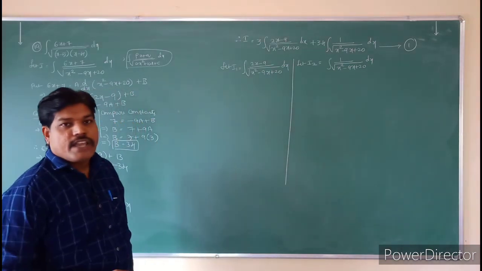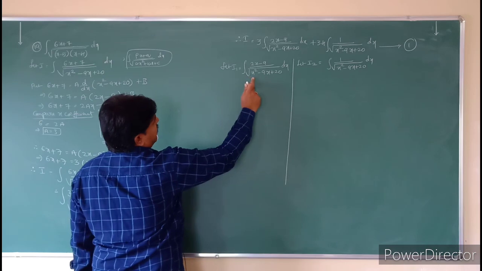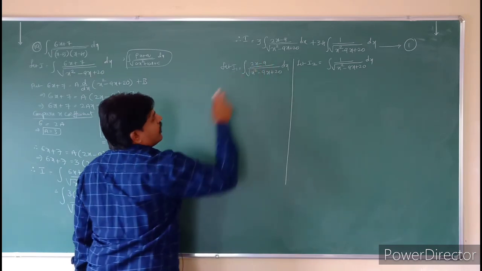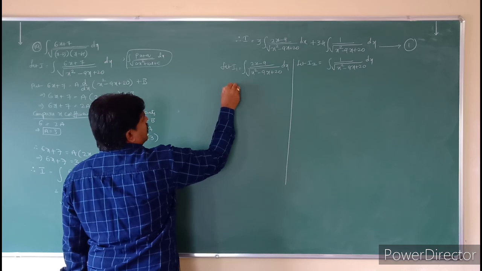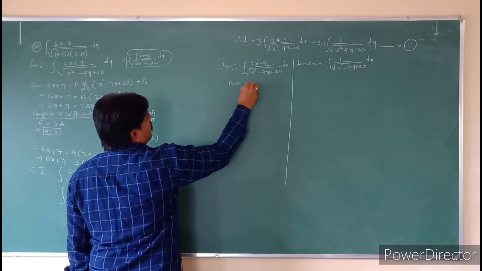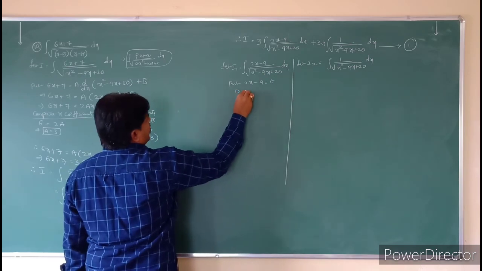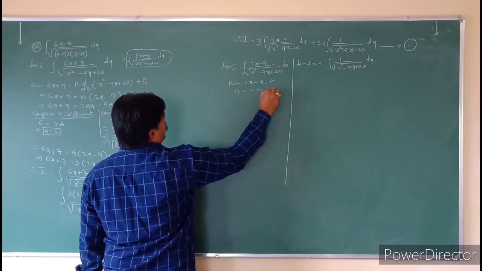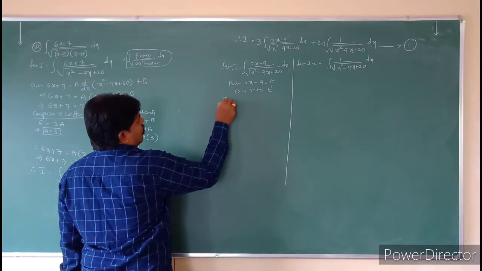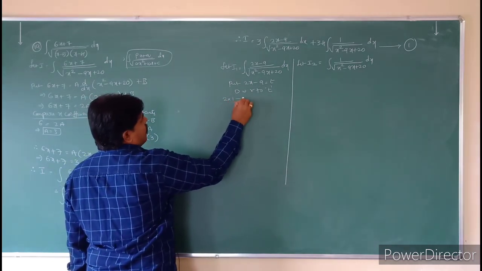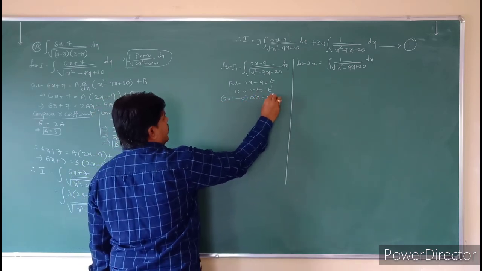After getting these I1 and I2 values, simplify this. What I observed is that the derivative of x square minus 9x plus 20 is 2x minus 9. So put 2x minus 9 equal to t and differentiate.